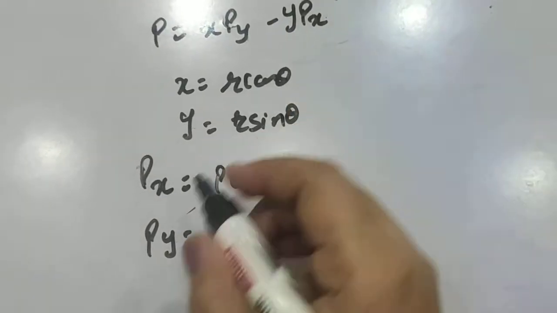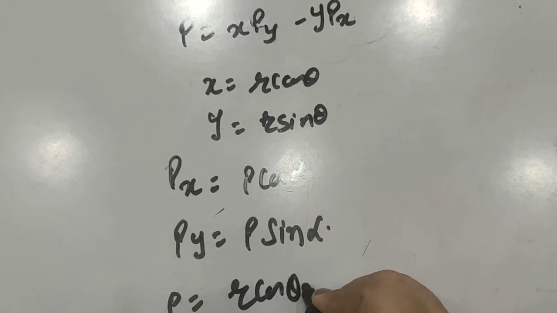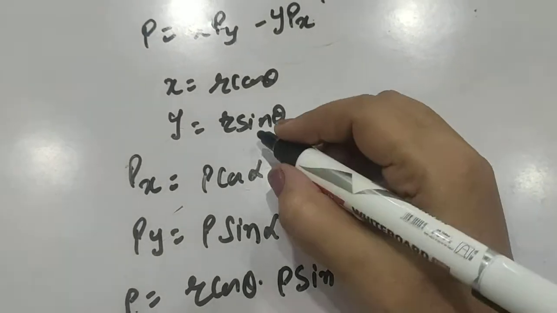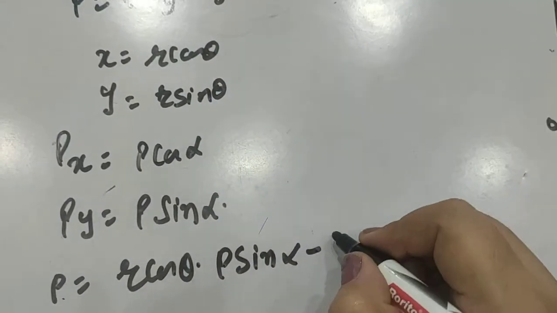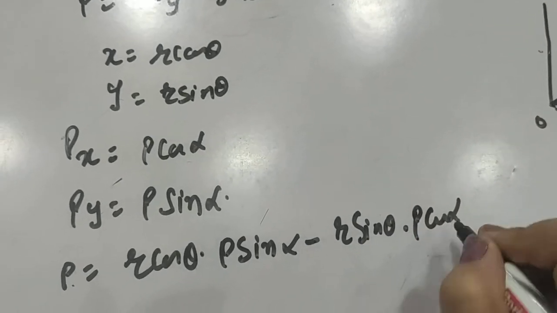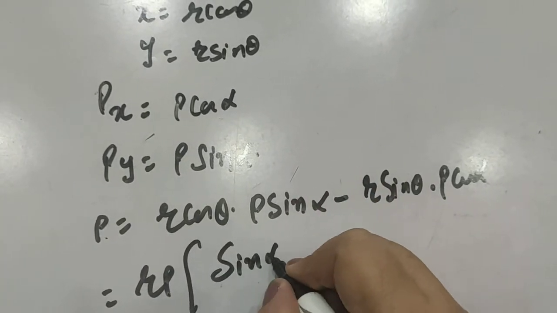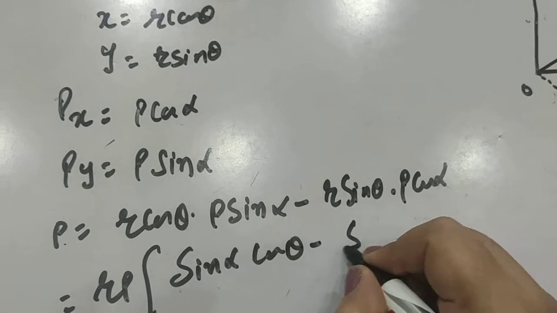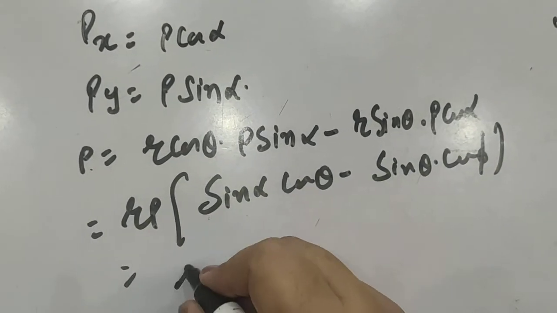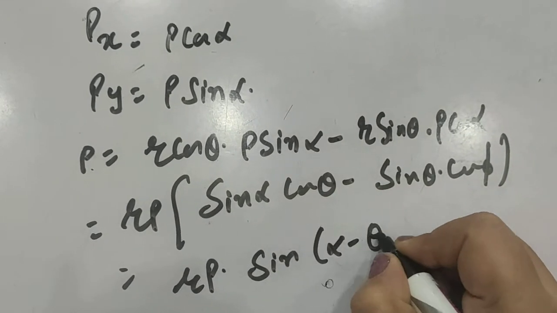Putting these values in this expression, L is equal to x, which is r cos theta, times p sin alpha, minus y, which is r sin theta, times p cos alpha. So taking rp common, this is sin alpha cos theta minus sin theta cos alpha. So this becomes rp sin of alpha minus theta.